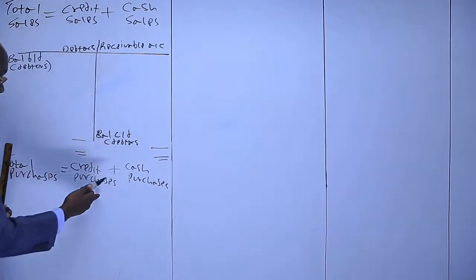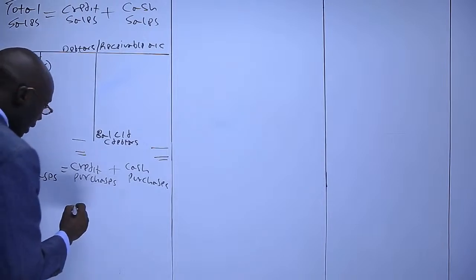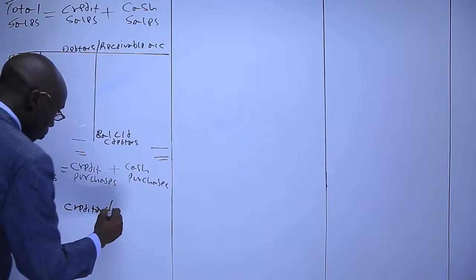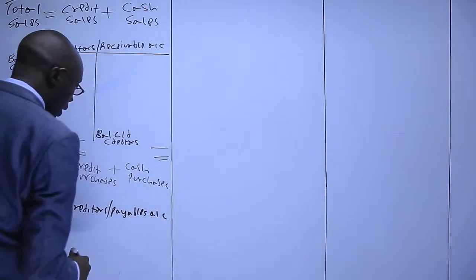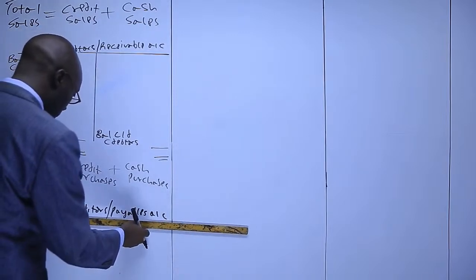For the credit purchase, we jump a space of 2 or 1 line, and then we have the creditors or payables account, where we will be able to get the credit purchase.